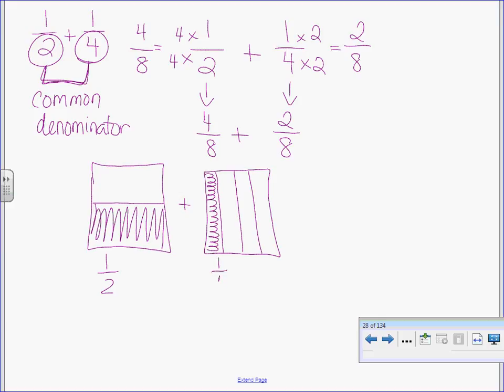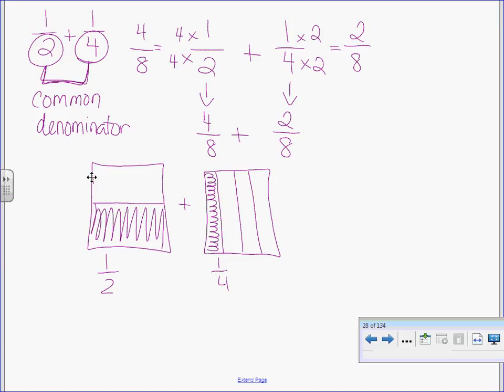So this is 1/4. Now, to do the common denominator, what does common mean? You see a lot, and it's alike. Something you might see a lot, but in this case I want to use the word alike. Common means same.